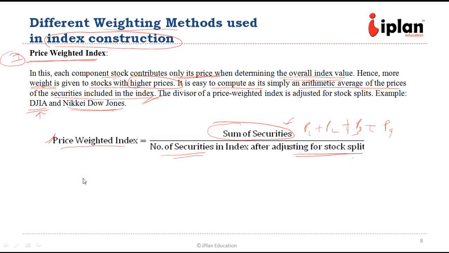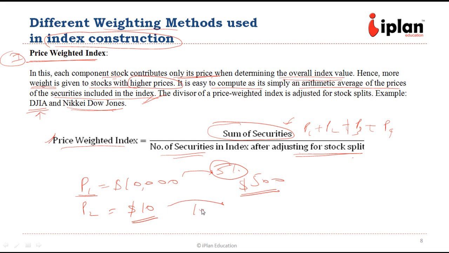So clearly, if there is a stock with a price of $10,000 and there's another stock with a price of, say, only $10, and there is only a 5% change in the first stock, that will amount to $500.